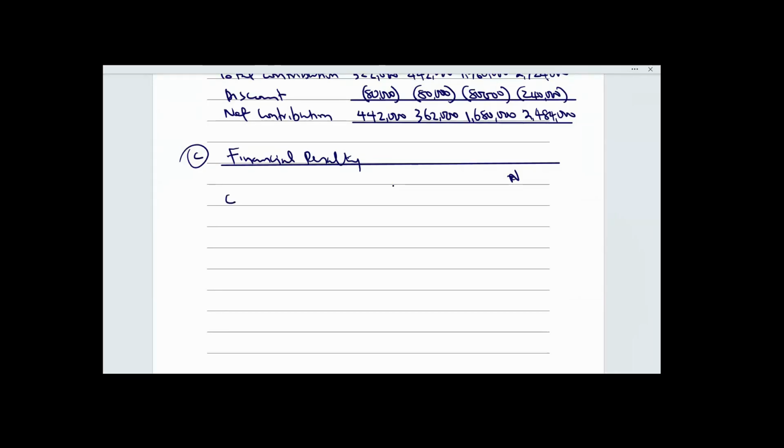So in this case, I will say contribution margin where customer order can be fully satisfied, full order. Then contribution margin where there is partial order.